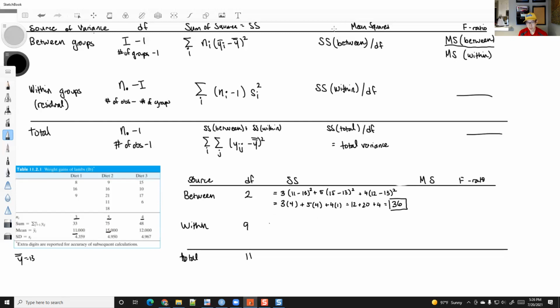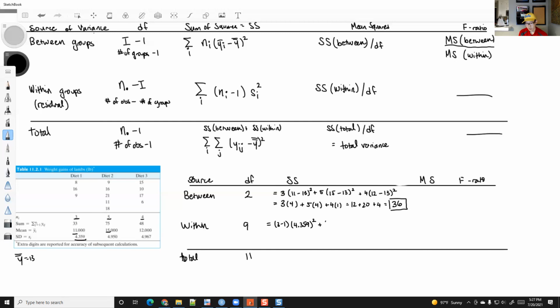Okay, let's do the sum of squares within. We're going to take the number of observations minus 1 times the group standard deviation squared, or group variance. So here I've got 3 observations minus 1, times the standard deviation, 4.359, and we will square that. We'll do this for all 3 groups.